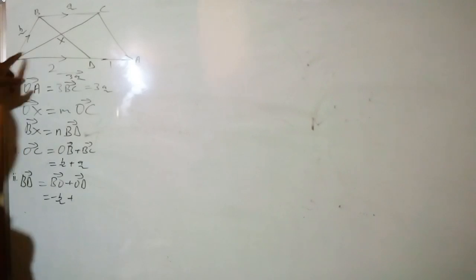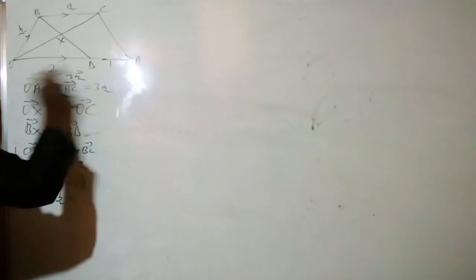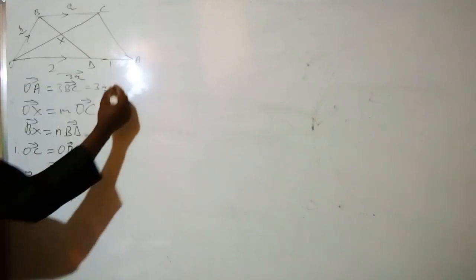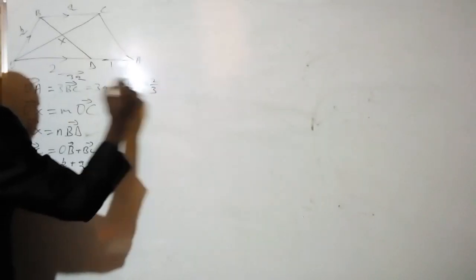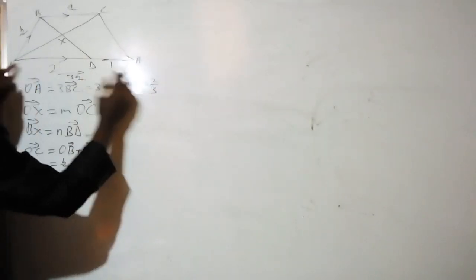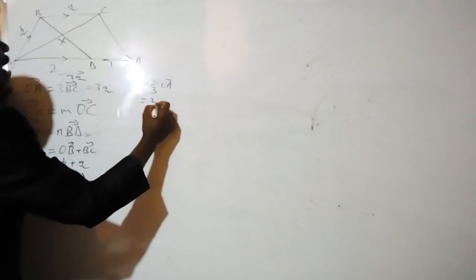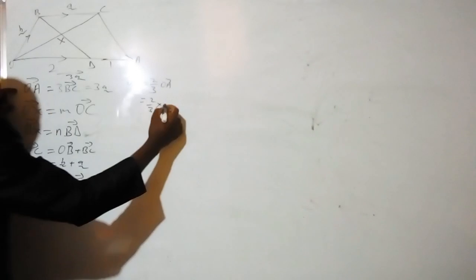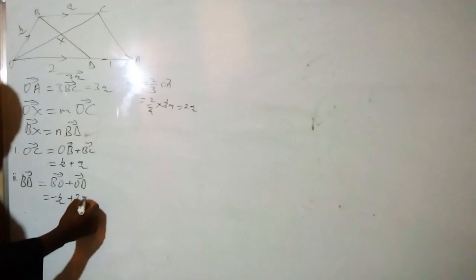Since OA is 3A, OD is supposed to be 2 over 3 of OA. 2 over 3 times OA, OA is 3A, 3 by 3 is 1, so 2A. Yeah, 2A. That is our BD.